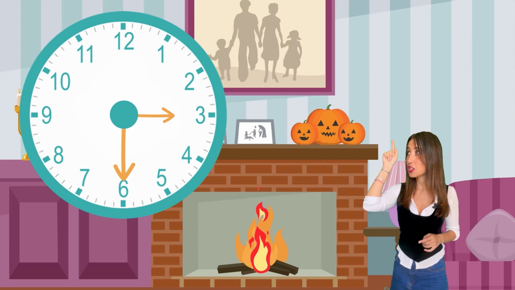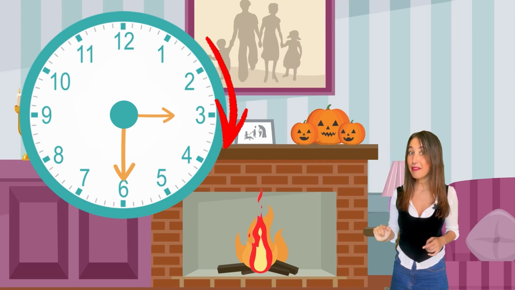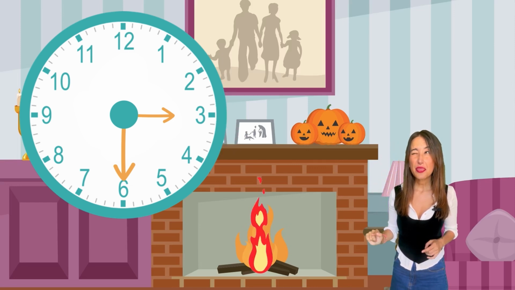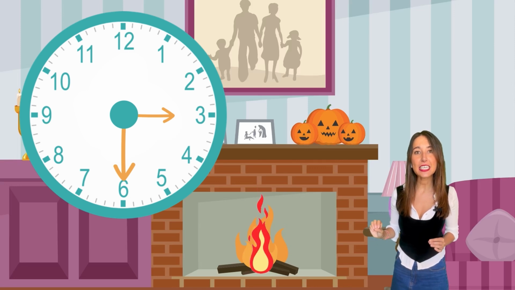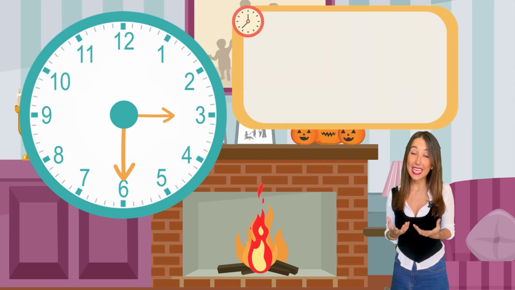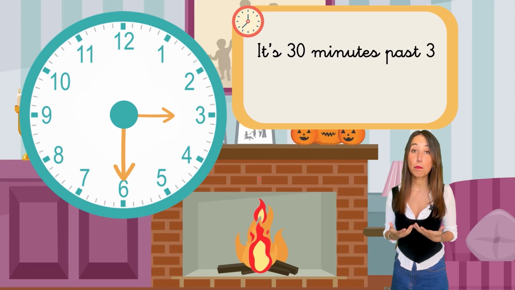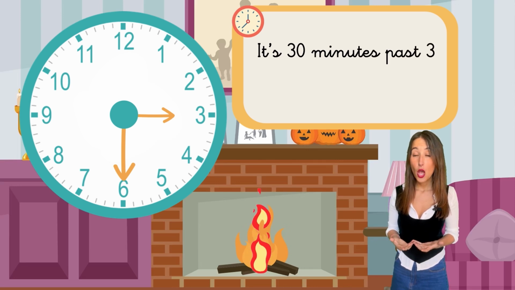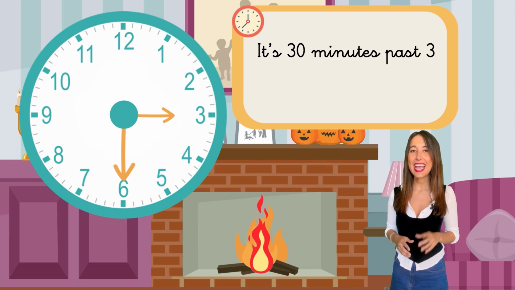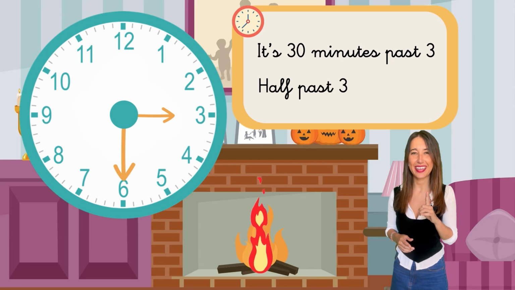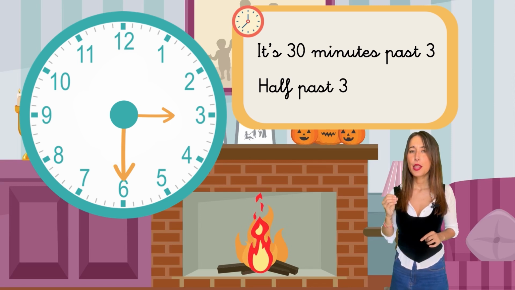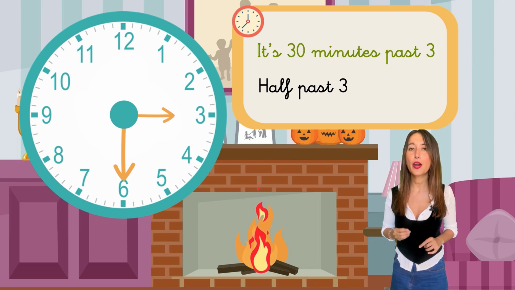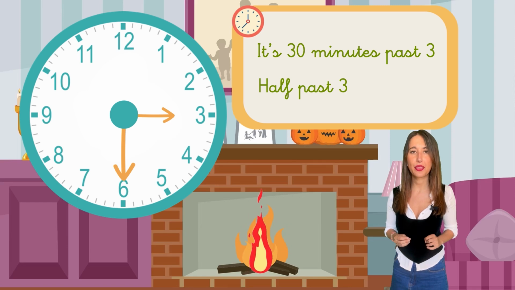We can count the stripes from the top and we have how many? 30. We have 30. So we can say 30 minutes past 3 or we can say half past 3. Okay? Remember, 30 minutes past 3 or half past 3.